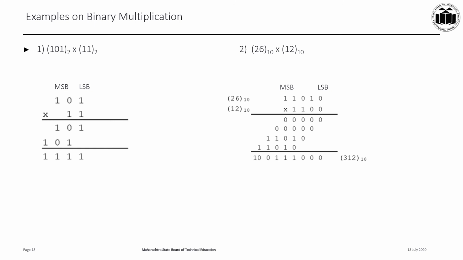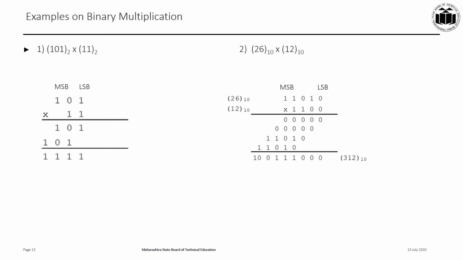You shift left 1 position and then multiply the second bit of the multiplier, which is also 1, with 101. The addition of these two gives you a 1111, which is the binary answer for the multiplication of 101 multiplied by 11.